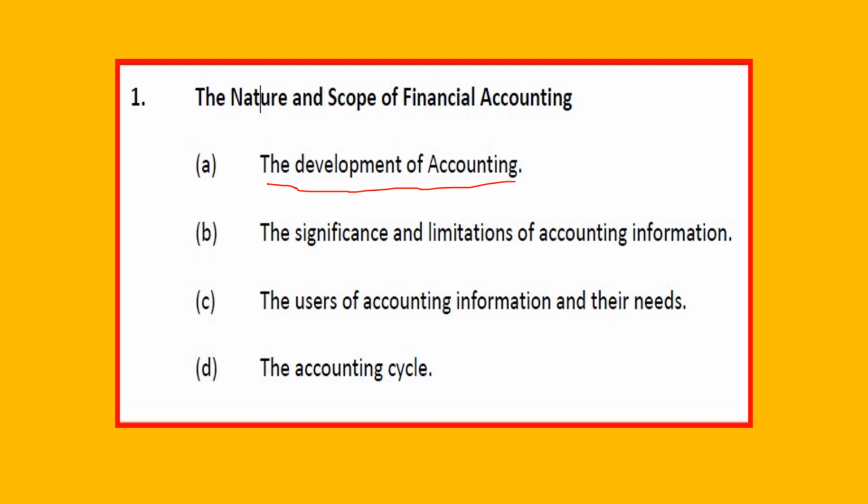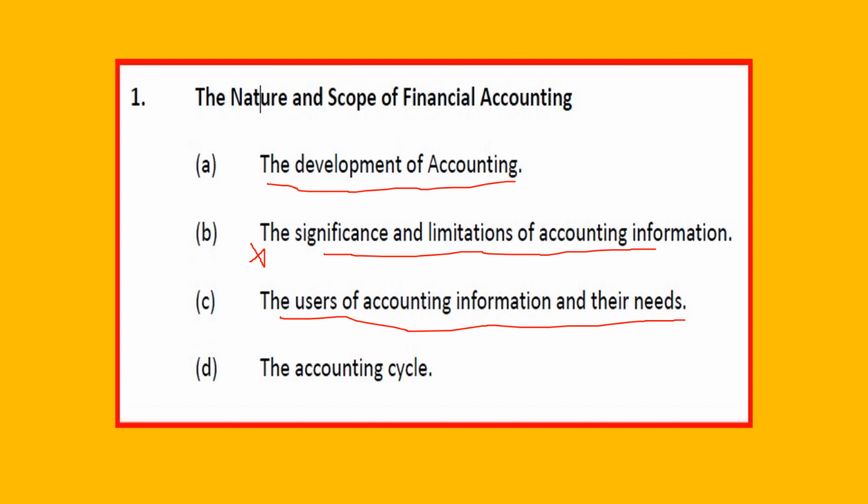The significance and limitations of accounting information, you could get as part of the conceptual framework, and there's a good deal of it you would find in the American textbook, those by Wigan and Cecil, that is recommended in your syllabus. Users of accounting information and their needs, you will get again from the conceptual framework.